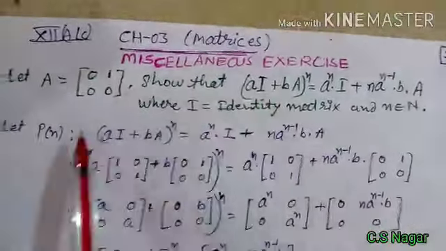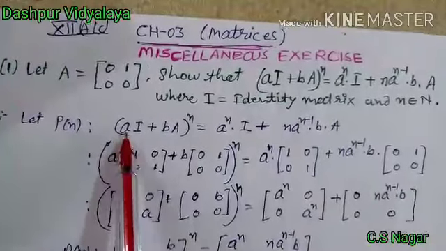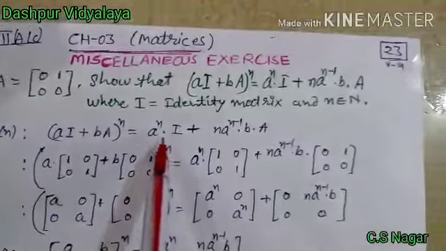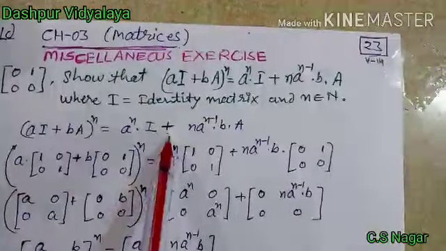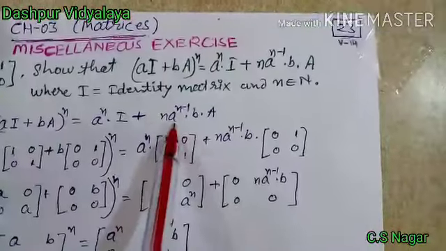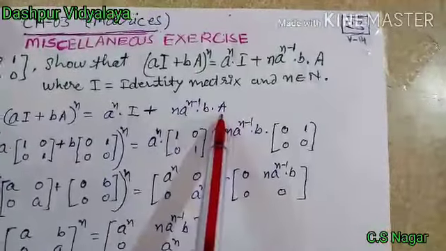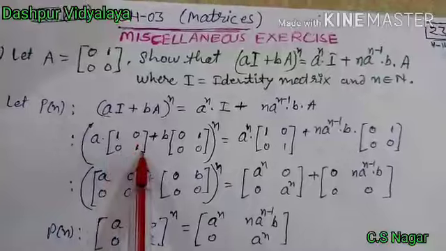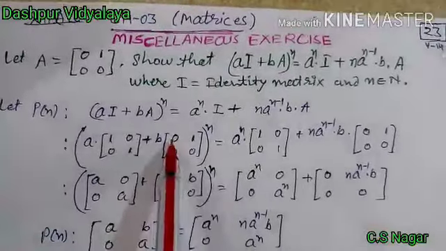Let P(n) be such that (aI + bA)^n on the left side, and on the right side a^n I + n a^(n-1) b A. Now I means the identity matrix [[1, 0], [0, 1]] and A is given as [[0, 1], [0, 0]].